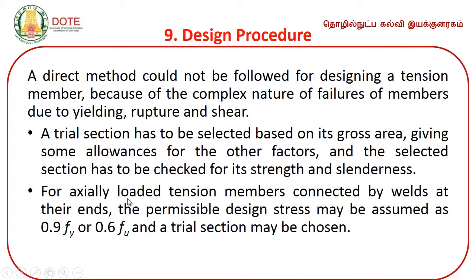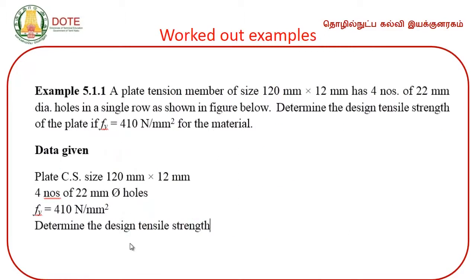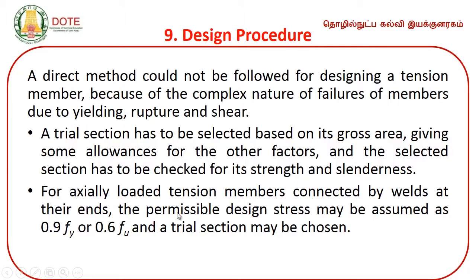In the design procedure, you select a suitable section based on the permissible tensile stress, usually assumed as 0.9 times Fy, the yield stress, or 0.6 times Fu, the ultimate stress. After selecting the trial section, we have to check the load carrying capacity of the tension member.